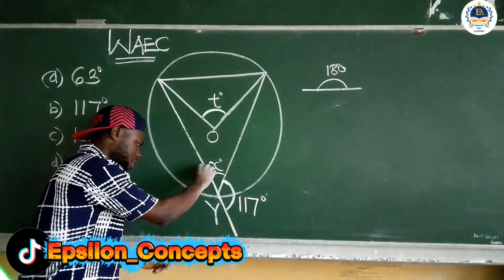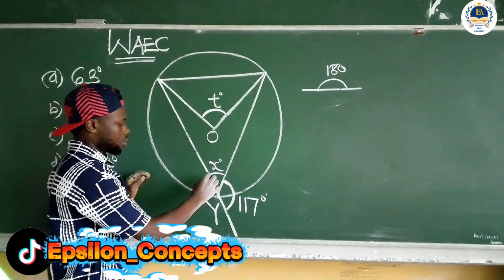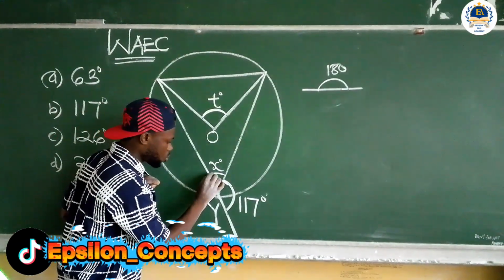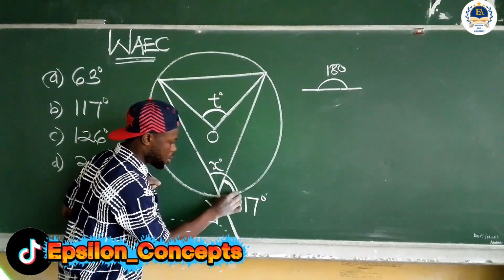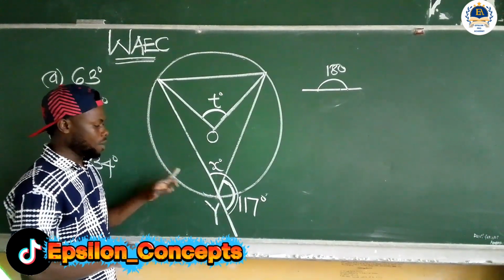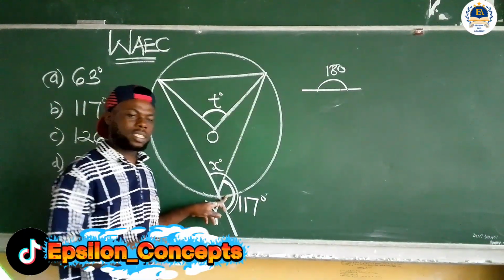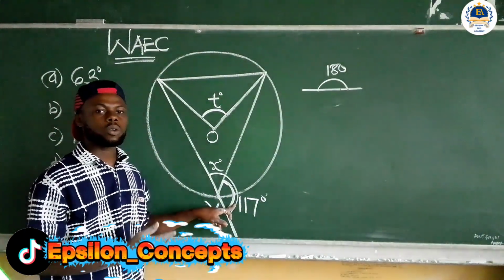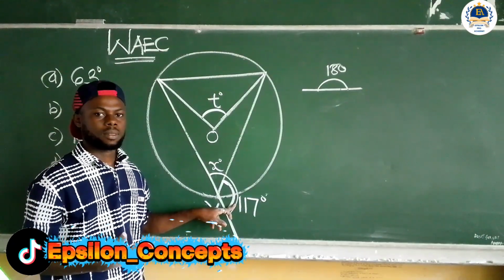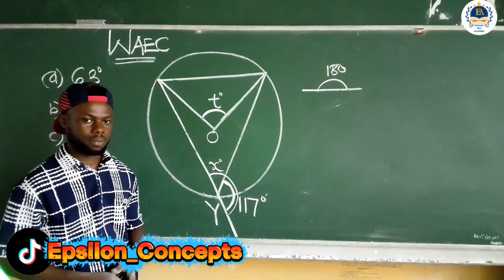This is a straight line, and these two angles made up the straight line. If these two angles made up the straight line, we can simply add these two to obtain 180 degrees in accordance to the law or the theory.